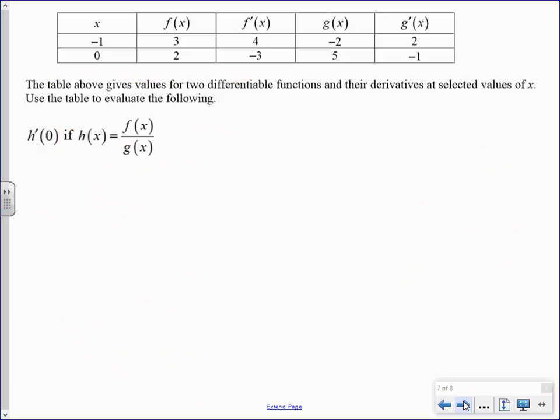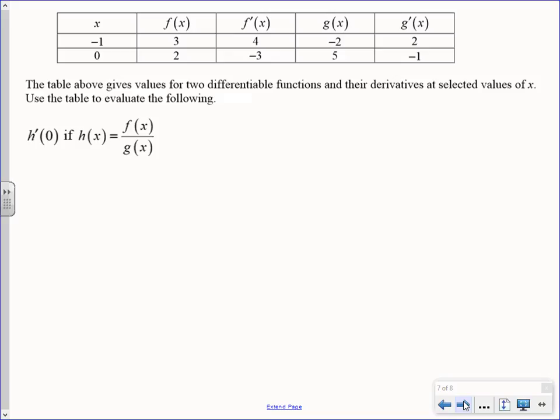Okay, last example, and then you're gonna get some work time here. I have a table of G, G prime, F, and F prime at 2 different values, okay? So you see here are my X values for F of X, F prime of X, G of X, and G prime of X. And what I want to find is the derivative evaluated at 0 for H when H means F divided by G. Okay?